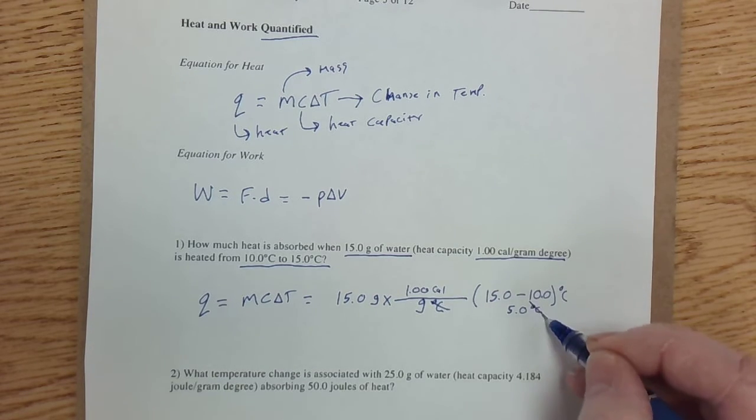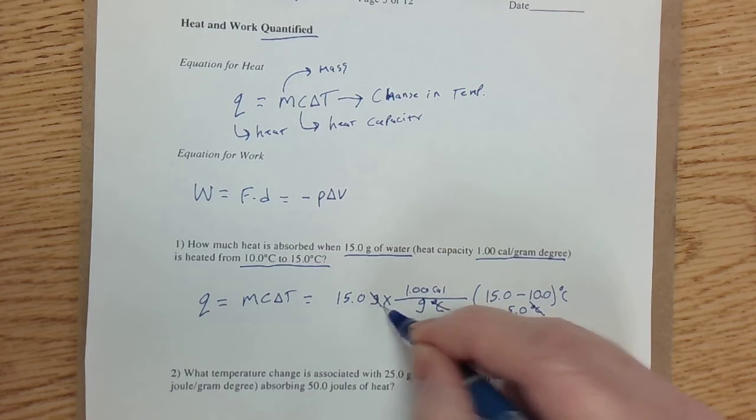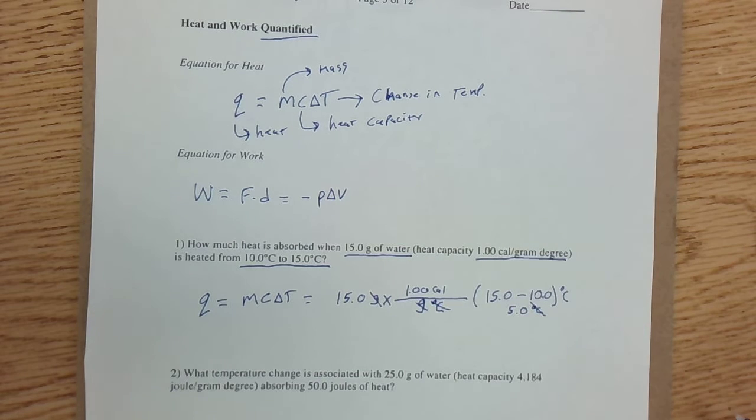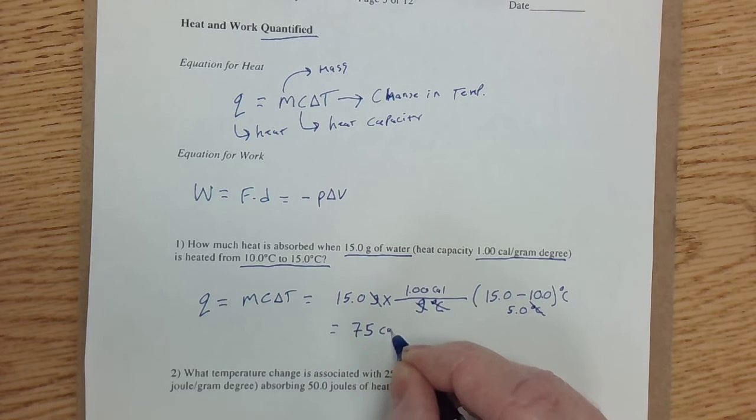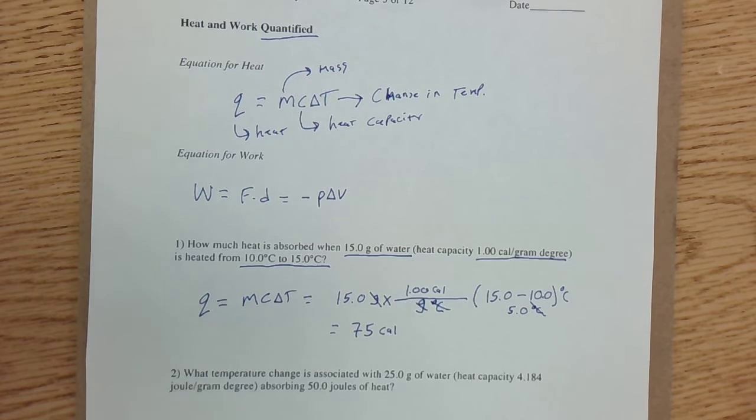Degrees Celsius cancels degrees Celsius, grams cancels grams, and I have 5 times 15, which is going to equal 75 calories. That's a 2 sig fig answer, because when I take this difference and look at places after the decimal, since it's subtraction, that gives me 2 sig figs. Pretty straightforward.